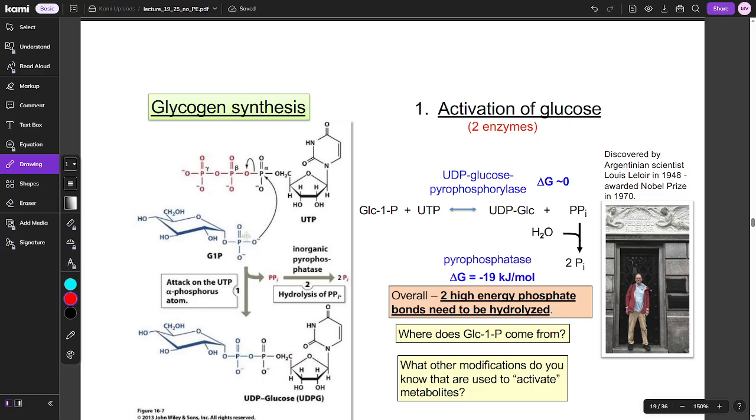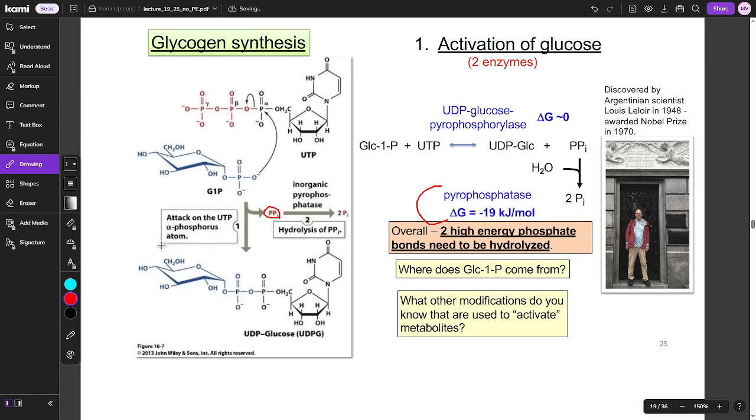You're probably thinking, why is that favorable? We'll talk about that in a second. It's actually listed over here. After we form that, this PPi is released, and now we're left with this UDP glucose molecule.